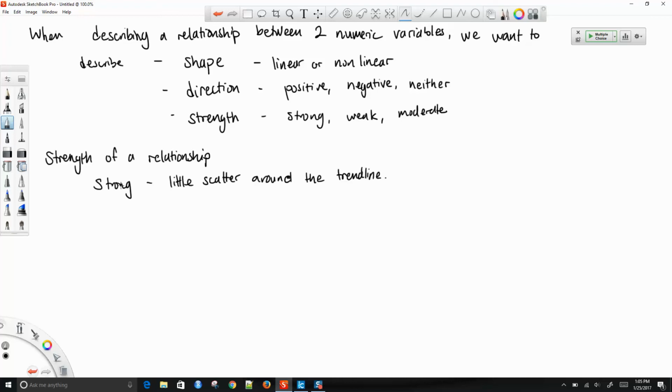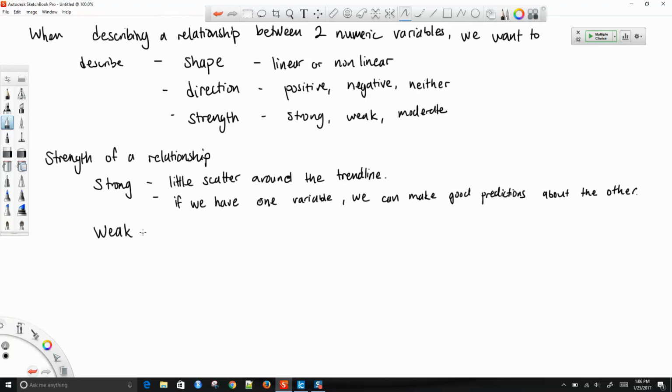There's little scatter around the trend line, or another way to think of it is that if we have one variable, we can make good predictions about the other. And then weak would be the opposite of that.